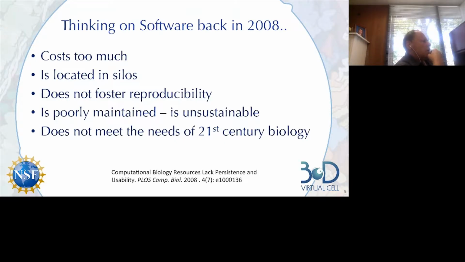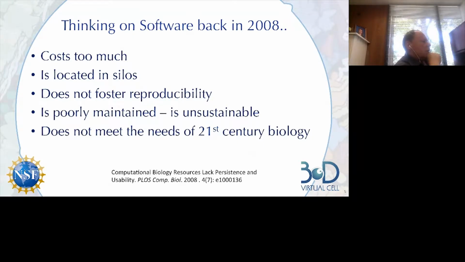So in summary, I looked at this back in 2008 and actually wrote an editorial about it with other folks in my lab. And it's sad to say that many of these resources certainly lack persistence and they lack usability. They cost, they're located in silos if they're available at all.